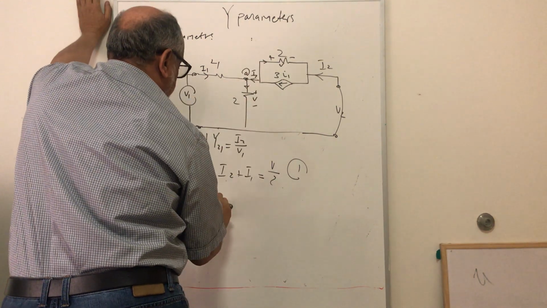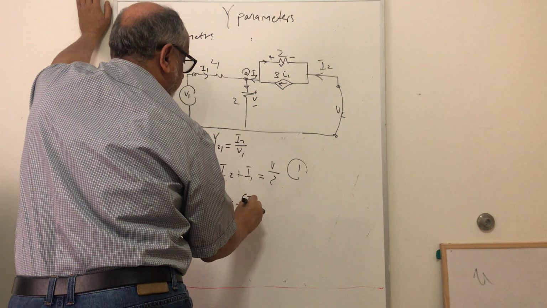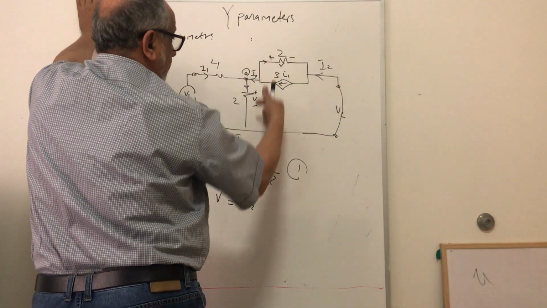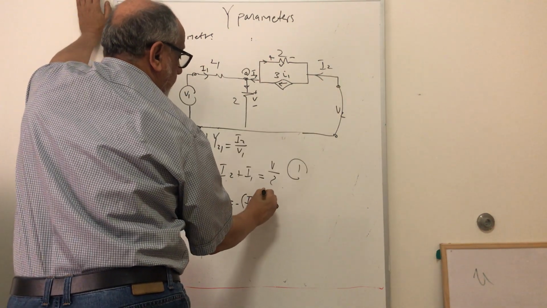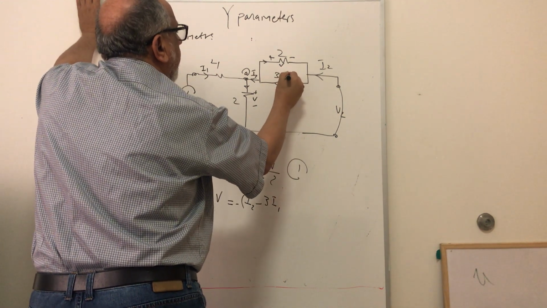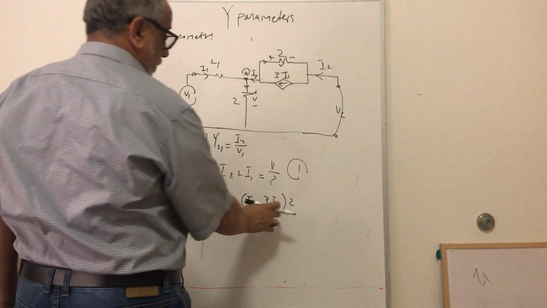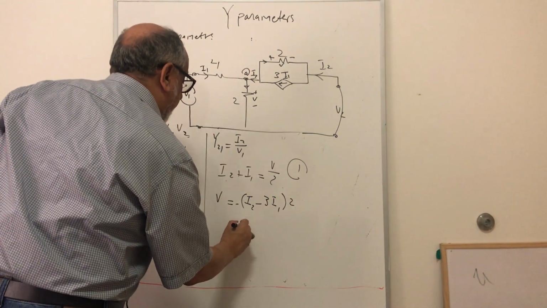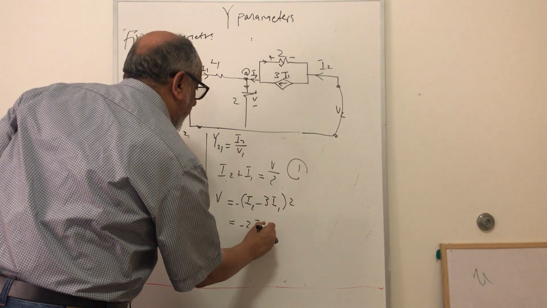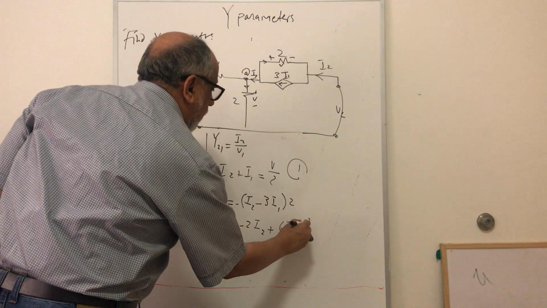So we can say V is equal to minus sign here because the current is going in this direction. So I2 minus 3I1, times 2. That's the value. So equal to minus 2I2 plus 6I1. So that is V. I'll call this 2.